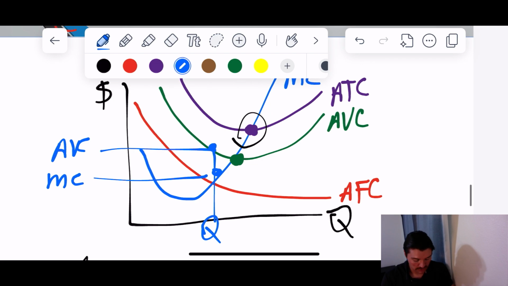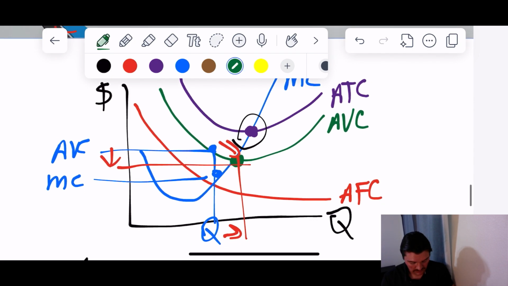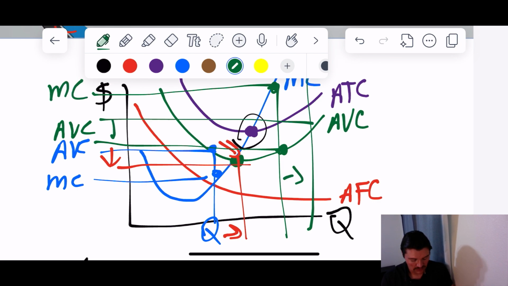So increasing production right here actually lowered the AVC. Right? But if the marginal cost was above it, such as here, so here's the AVC and then here's the marginal cost, increasing production again actually raises the average variable cost. So this is why we have the curve like this, to show that change in the marginal productivity.